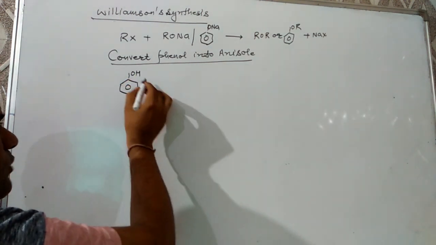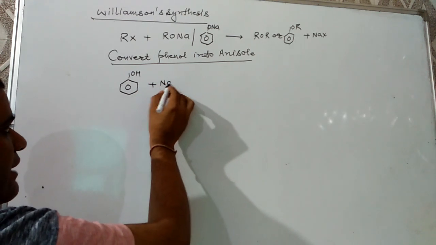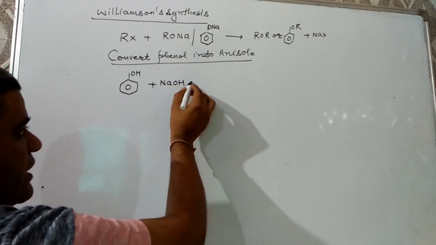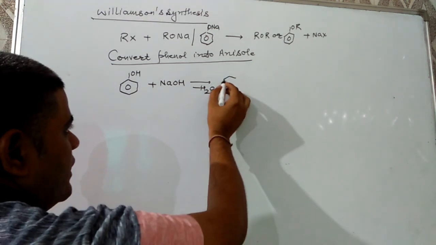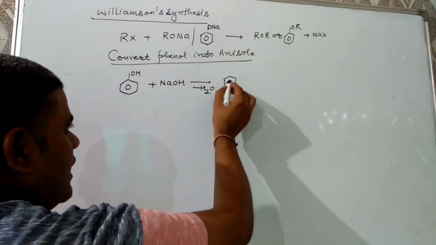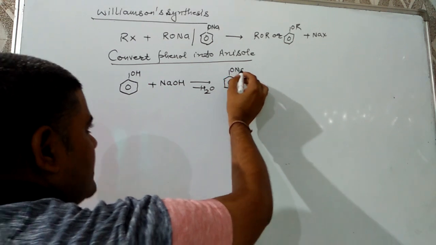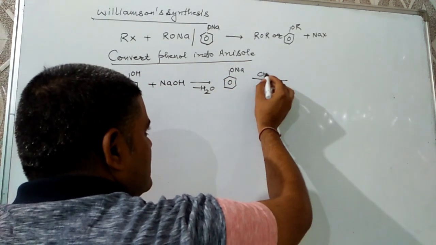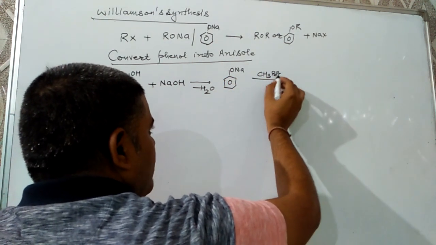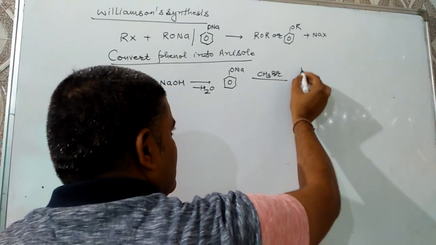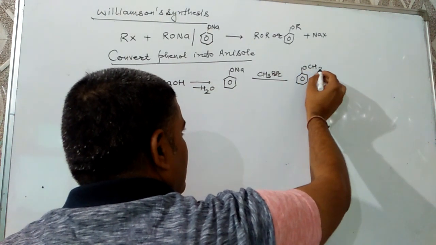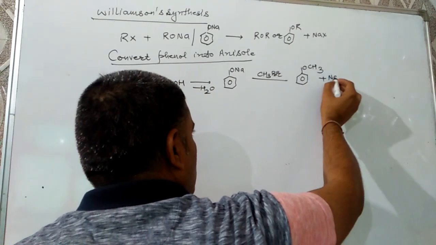We have to convert it into sodium phenoxide. We can react it with sodium hydroxide or sodium metal to get sodium phenoxide. Now we add CH3Br to it, so that the product formed will be anisole or methoxybenzene.